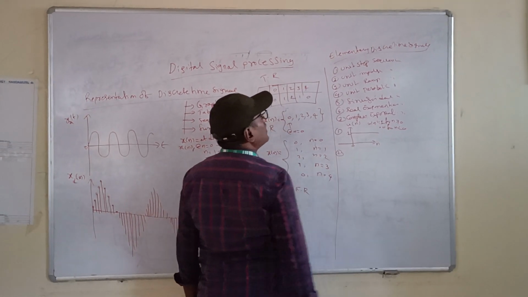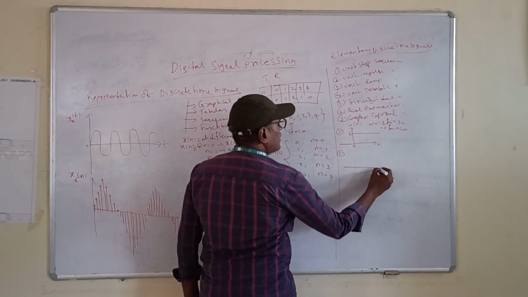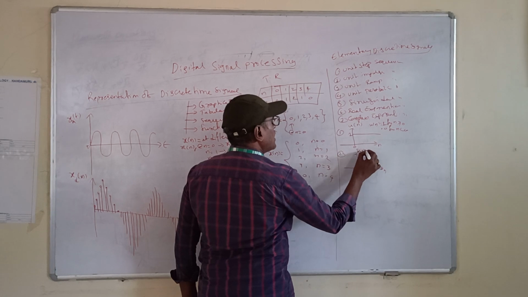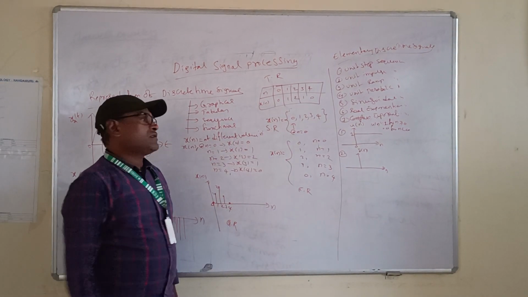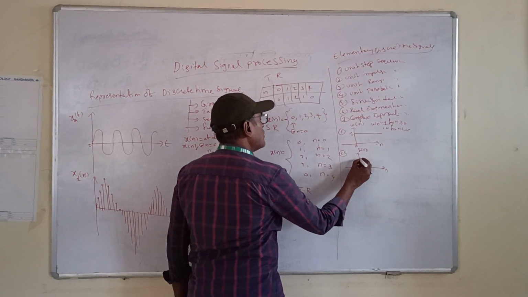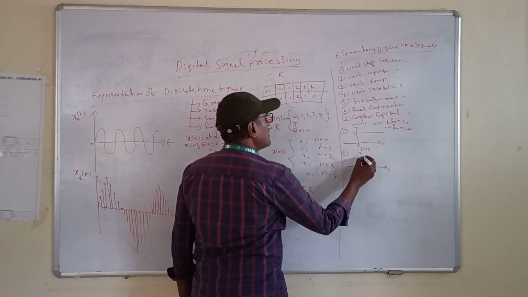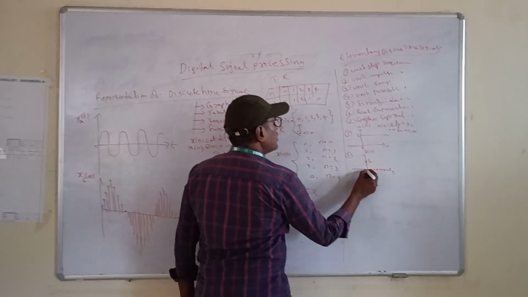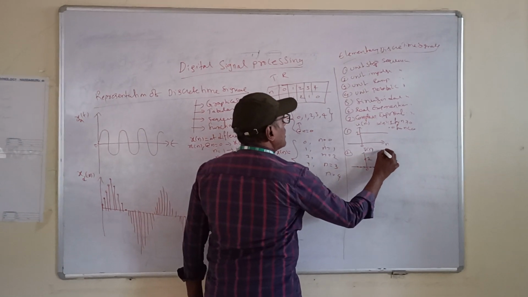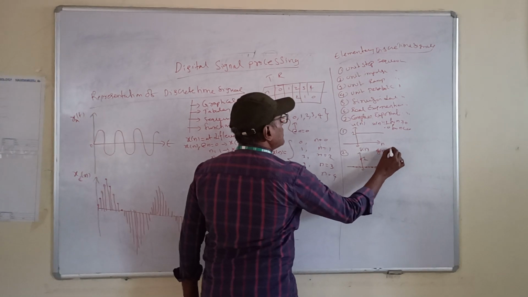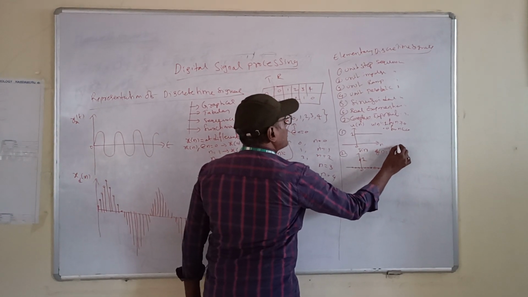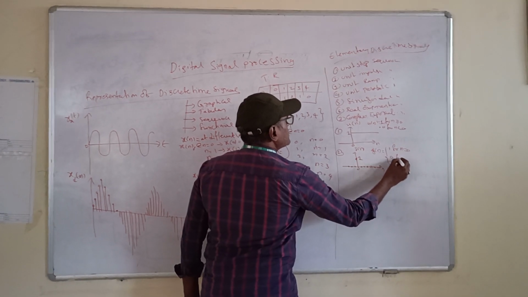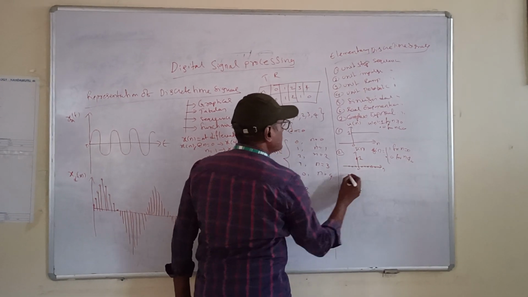The second one is unit impulse sequence, represented by del of n. Del of n can exist only at n equal to 0, where the value becomes 1. Other than n equal to 0, the value becomes 0. Del of n equal to 1 for n equal to 0, and 0 for n not equal to 0.